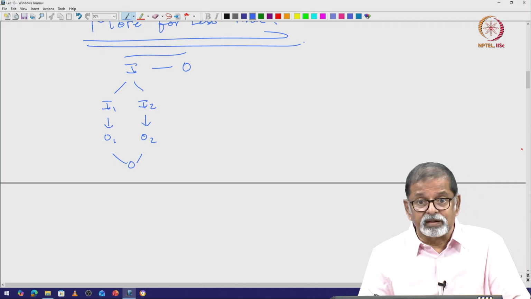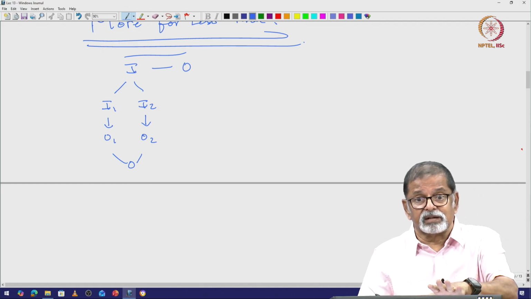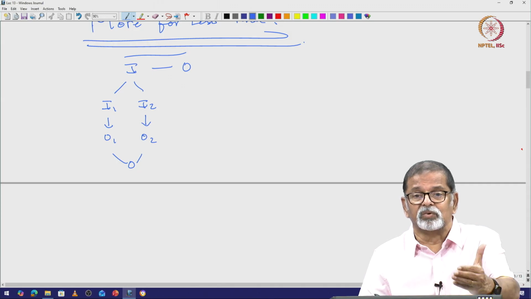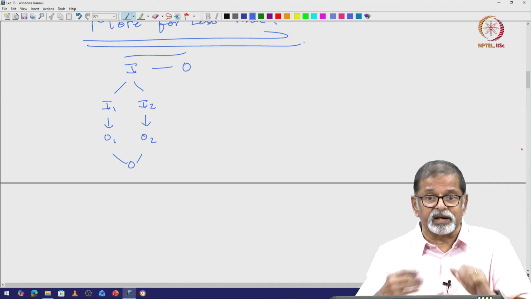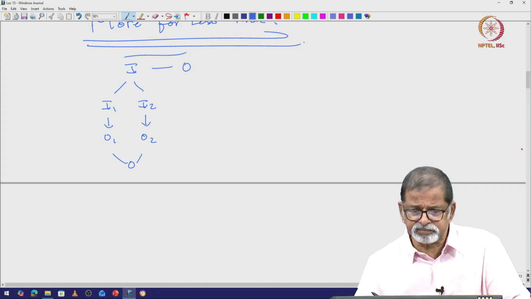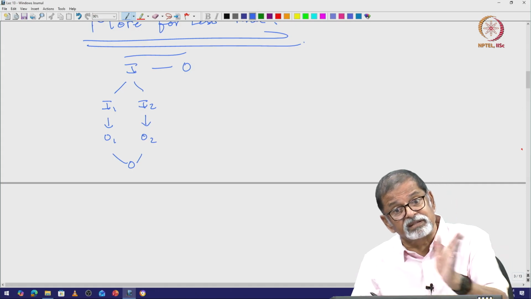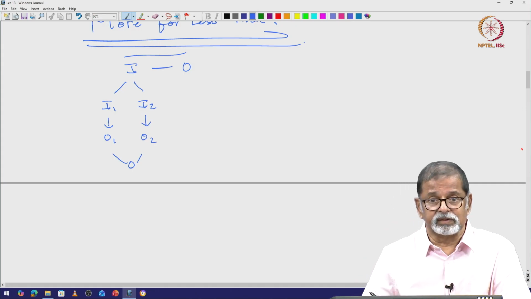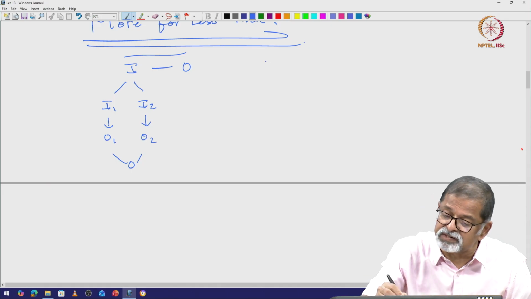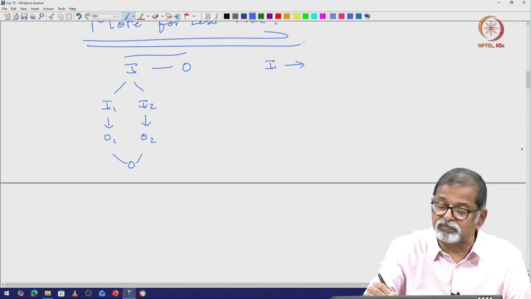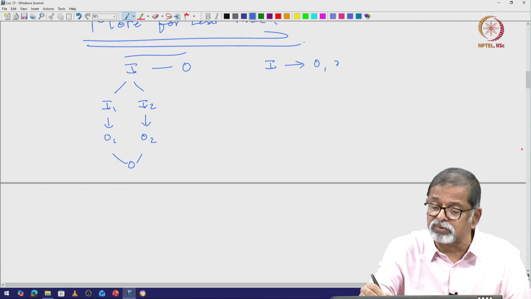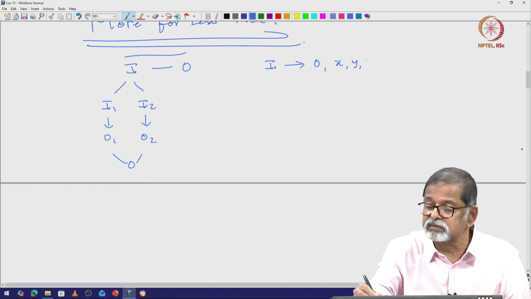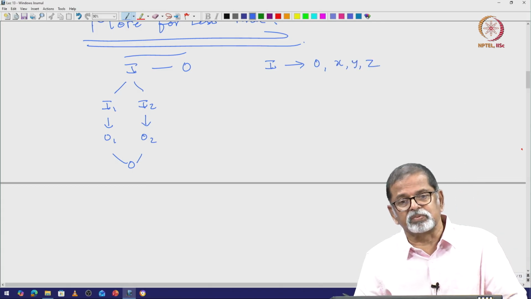Now, this might take more time, but if I change the specification, I will now change the specification in this way. From I you get not only O, you get some additional values as output.